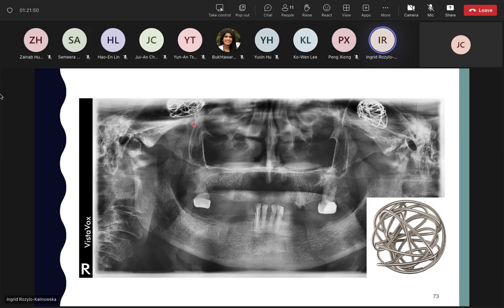In this case, individual coils are being released one by one in the lumen of the aneurysm, and they cause blood clotting. And so if there is no blood flow inside an aneurysm, the patient is treated.